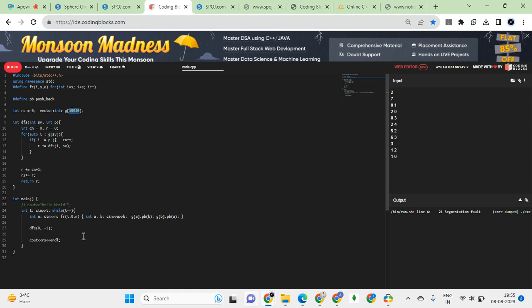The undirected graph. Acha, again, you're not removing the parent from the graph. That is the thing. Check that first. Yeah, this problem troubles sometimes a lot. This has one solution.